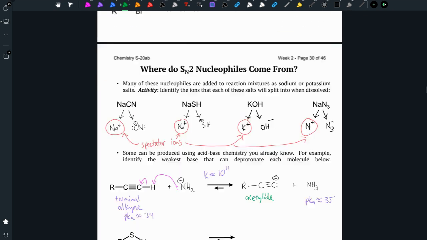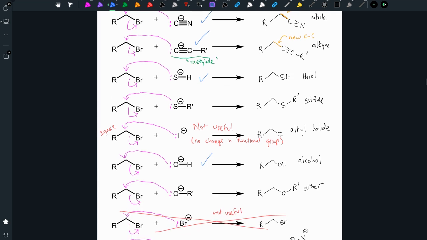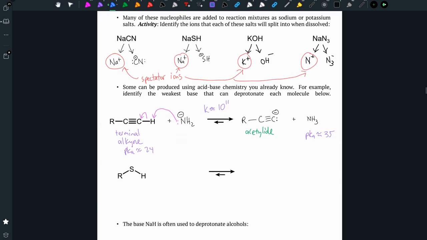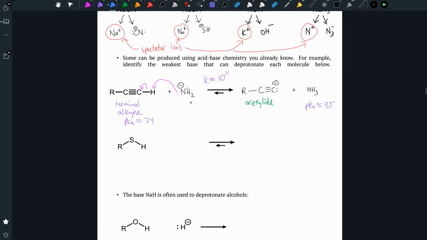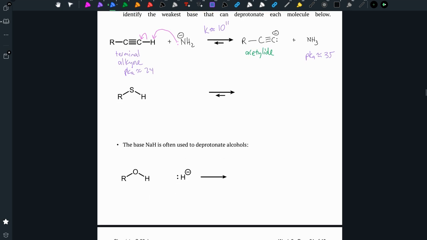So if I want to use an acetylide in my reaction, that's how I'm going to generate it. I'm going to react it with NH2 minus or NaNH2. Again, I might include the counter ion and write NaNH2, but I recognize that the Na plus is just going to be a spectator. So to make an acetylide ion, I would use a terminal alkyne reacting with NH2 minus, and then I could use that acetylide ion in a subsequent SN2 reaction.